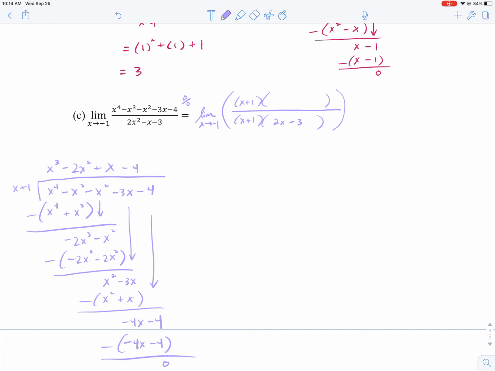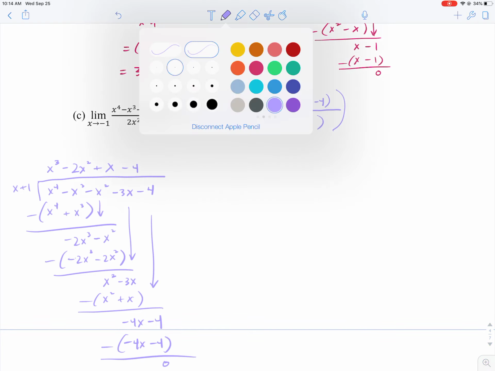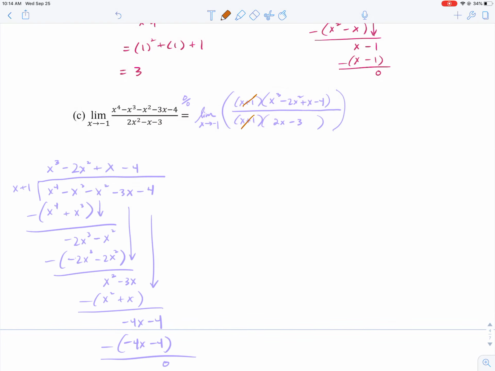Okay, because we know that x plus 1 has to be a factor of the polynomial in the numerator, since we ended up with 0 when we plugged -1 in. Okay, so x plus 1 times x cubed minus 2x squared plus x minus 4 gives us that original polynomial in the numerator. We can now see that the x plus 1's will cancel, leaving us with the limit.